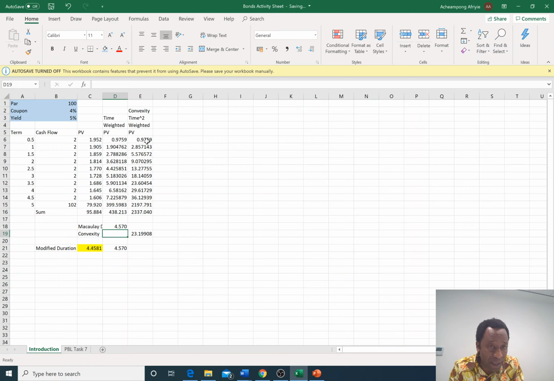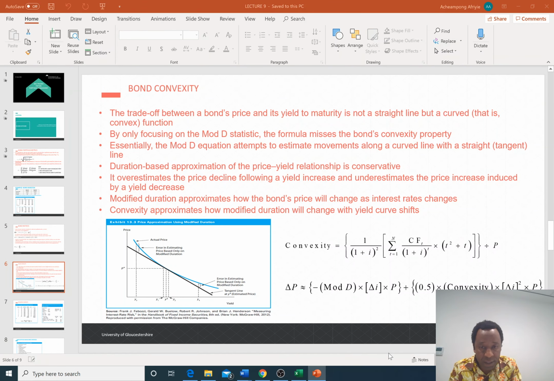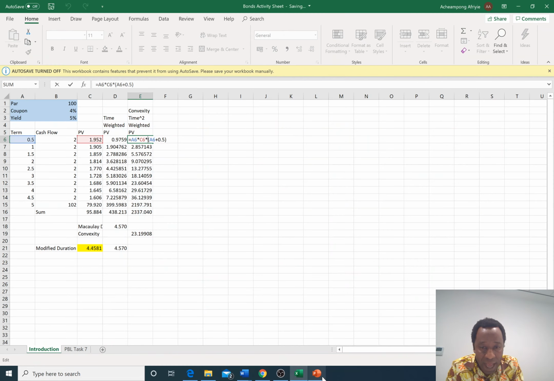So what we mean here is effectively we're taking the weighted average like we did for the time weighted average, but we're also multiplying it by the time again. We're squaring the time. And if you see the formula there, to calculate the convexity, we take the time squared. Okay? Right. So that's effectively what we're doing. We're squaring the time and then we're adding the time again.